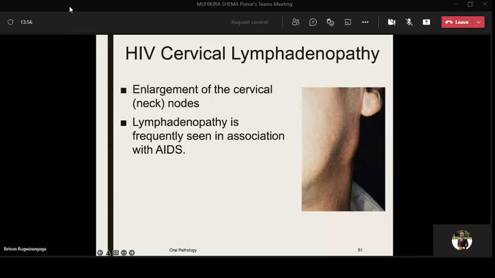Otherwise, when someone has, for example, an inguinal lymph node, usually it will be due to a wound somewhere around the legs or around the buttocks. And when there is a lymph node enlargement in the axilla, you can look at the breast or the upper limbs and so on. So if no lesion is seen around there, then think about a systemic problem such as infection by HIV.